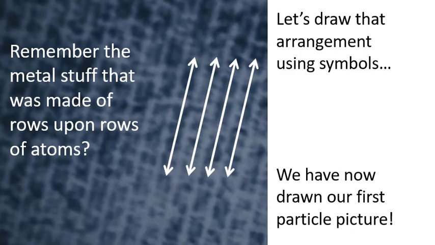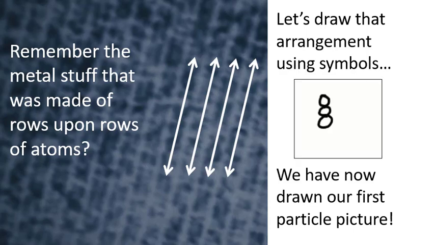So remember that metal stuff that was made up of rows upon rows of atoms. We saw that a couple slides back. Let's draw that arrangement using symbols. For this symbol, and usually our go-to symbol, is a blank circle. So I'll draw what this looks like inside of this box.